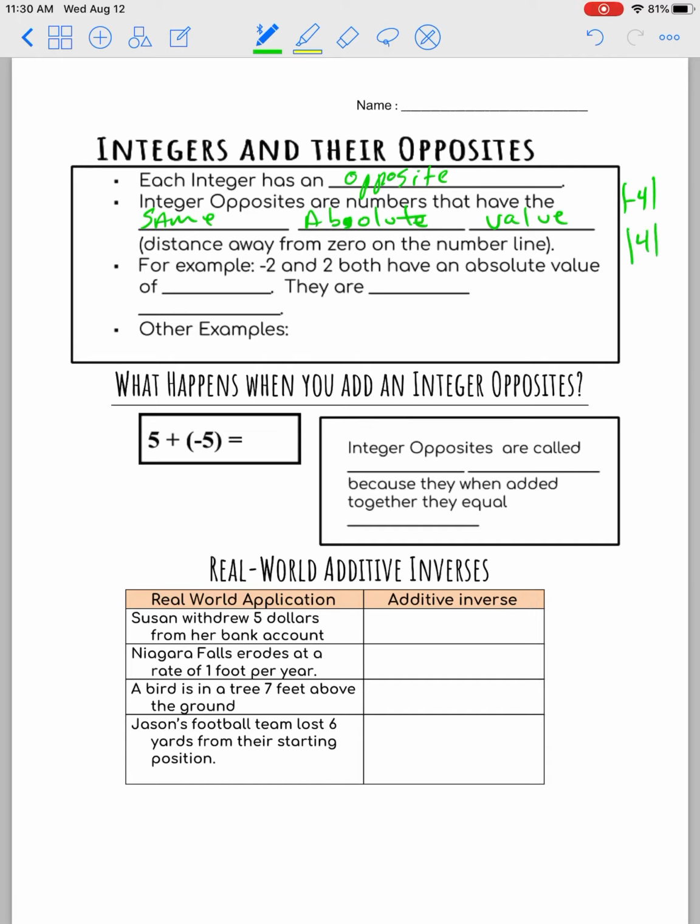Both of those numbers' absolute values are the same. They are both 4. Another example, negative 2 and 2. Both have the same absolute value of 2, right? If I put little bars on there. They are opposites.